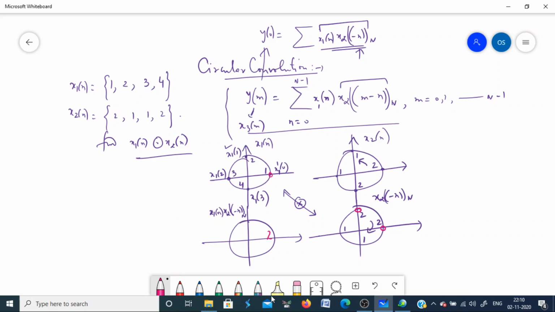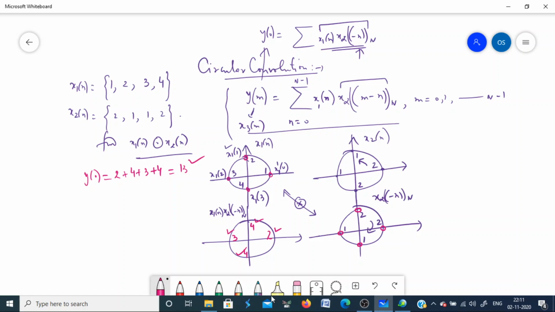Then this sample is multiplied with this, 2 into 2 gives 4. Similarly, 3 into 1 is 3. This is 4, this is 1, 4 into 1 is 4. This is the product sequence, and then you finally add all the samples together. So this is how you get y0. It is 2 plus 4 plus 3 plus 4, which is 13.